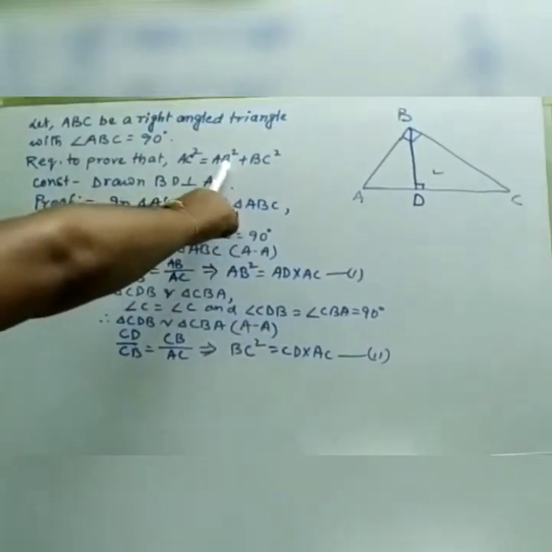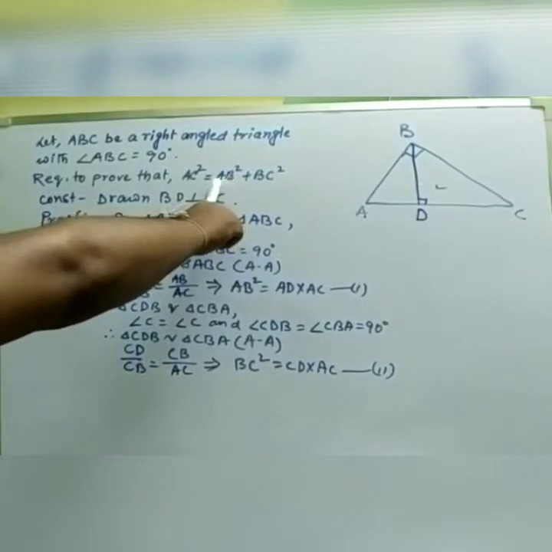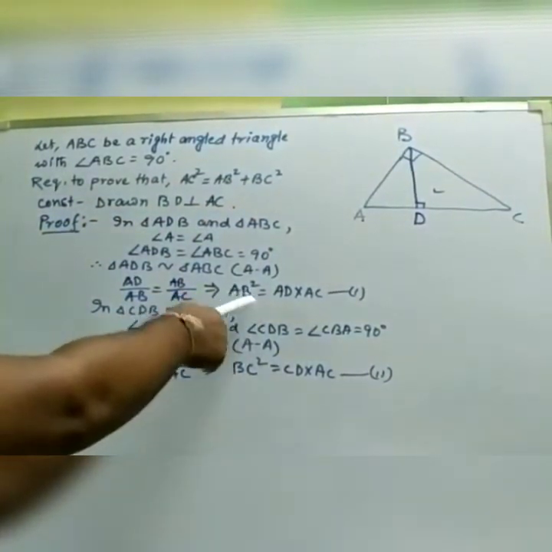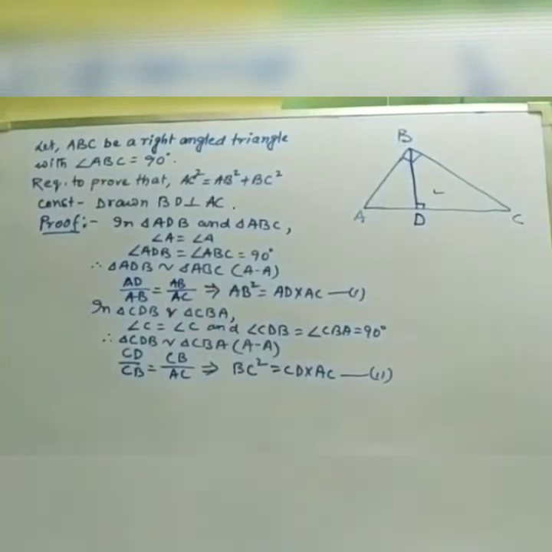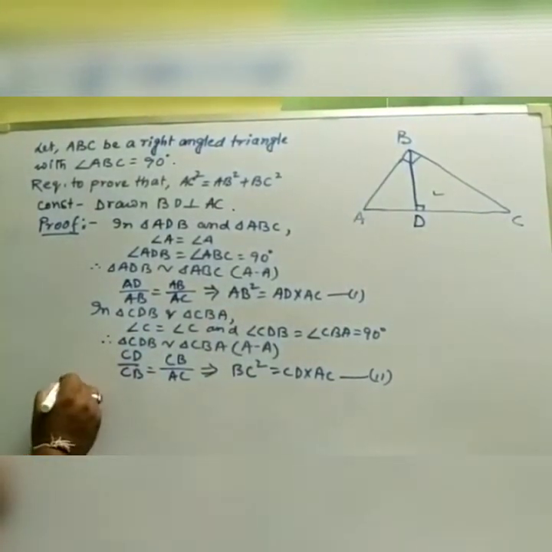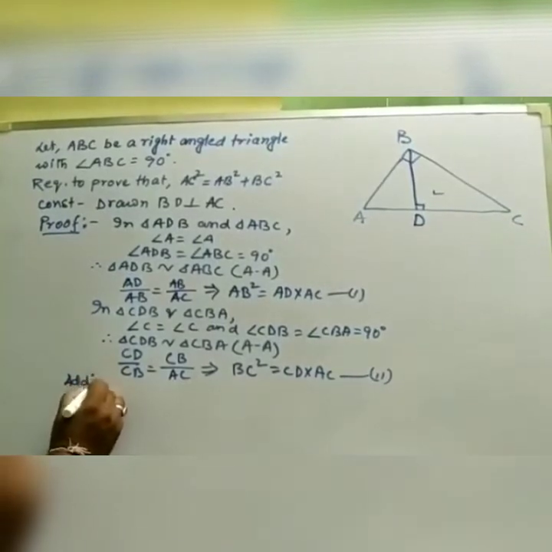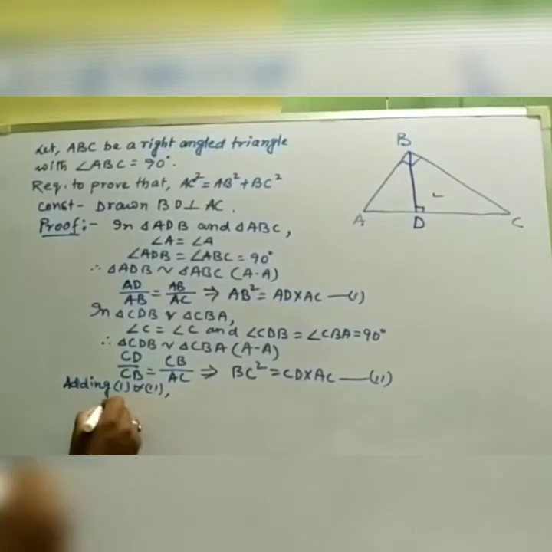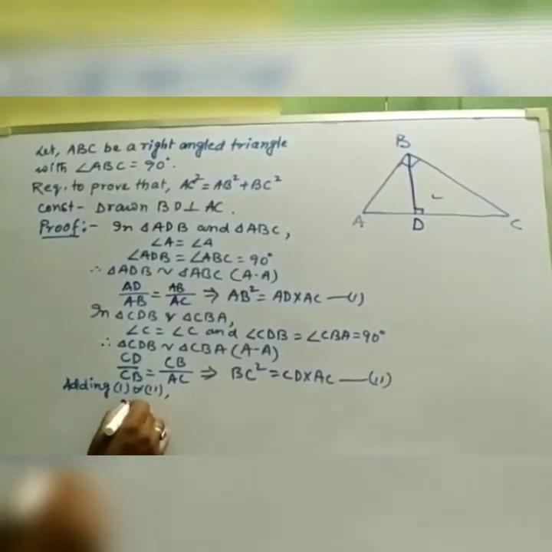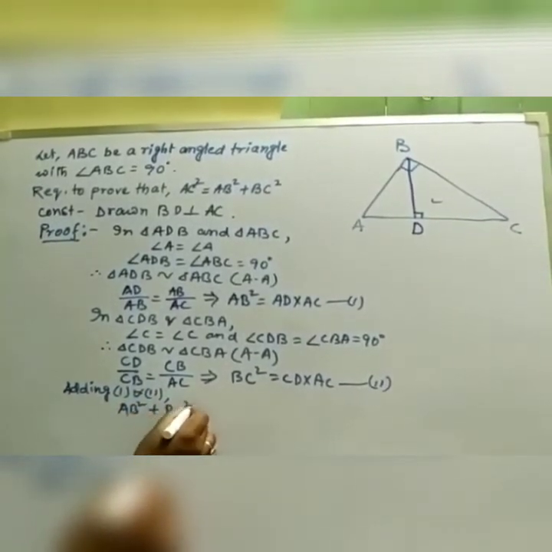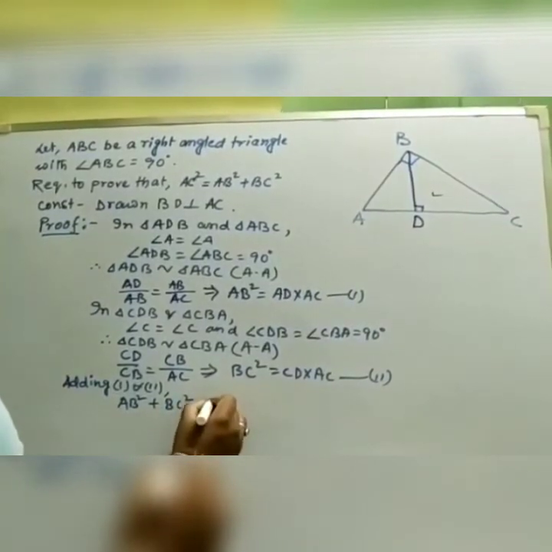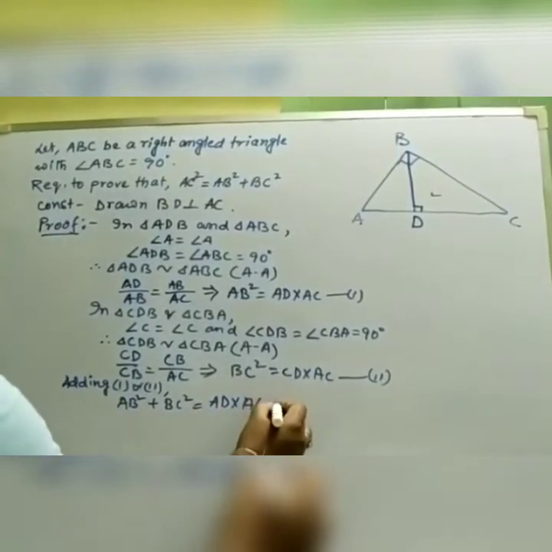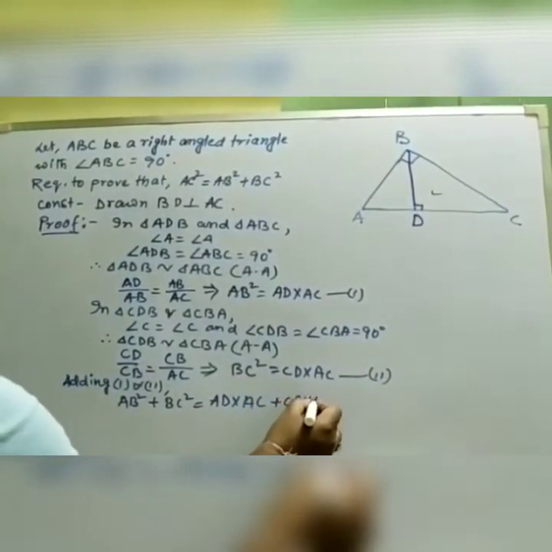Now look at the RHS of the proof. In RHS you have AB square plus BC square, so we have to add these two conditions. Adding 1 and 2, we get AB square plus BC square equals AD into AC plus CD into AC.